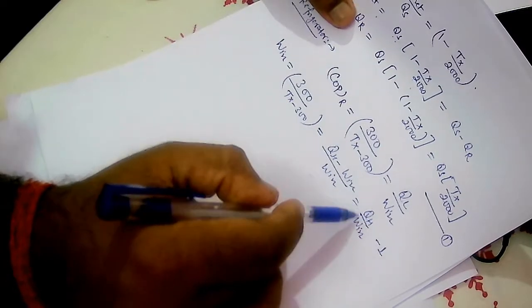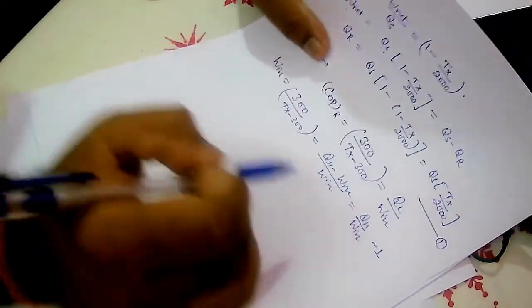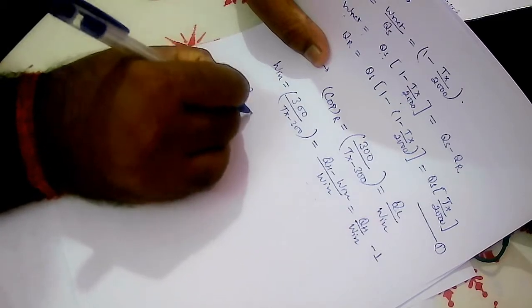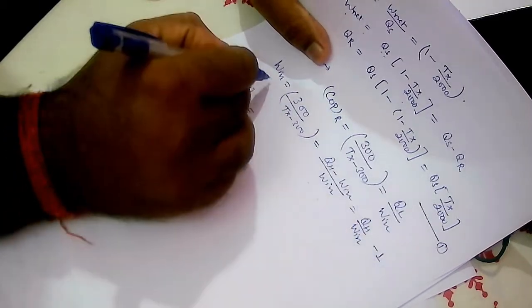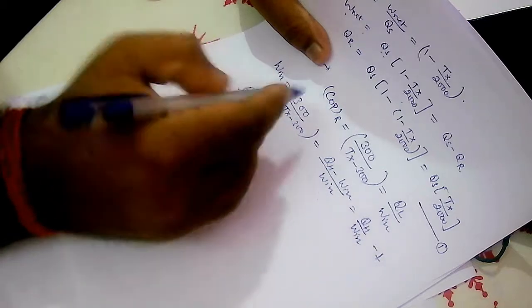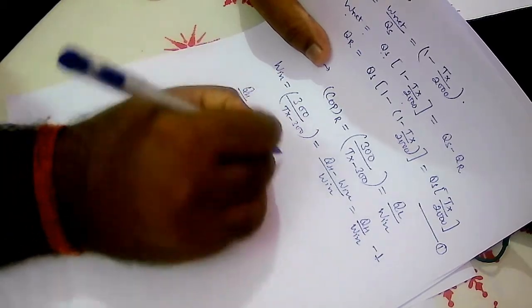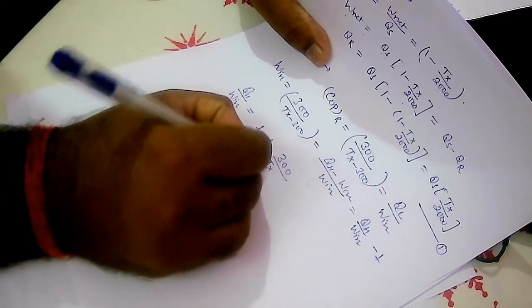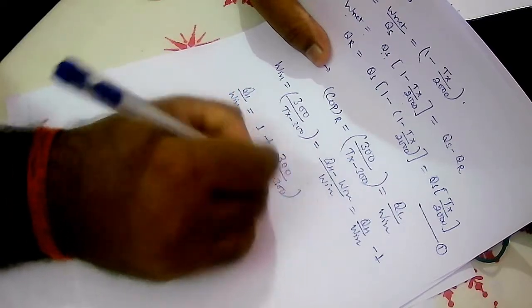From here I need the QH value. So QH divided by W input is equal to, taking this term to this side, 1 plus 300 divided by Tx minus 300.